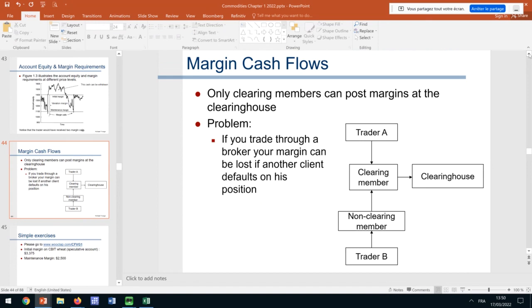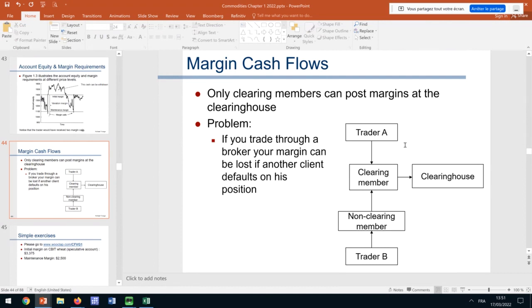Only registered brokers have access to these margin accounts at the clearinghouse, because it would be too complicated to have thousands of participants, or maybe also because they want to have some monopoly or oligopoly, I don't know. The rule is that not everybody can directly get a margin in that clearinghouse, only a number of registered brokers. They're called clearing members here.